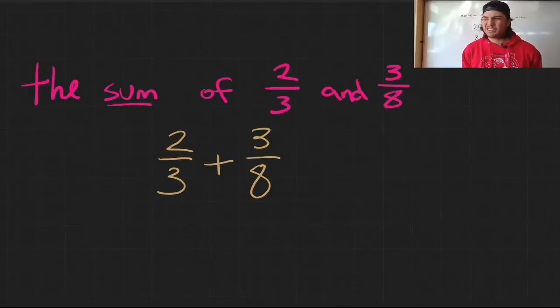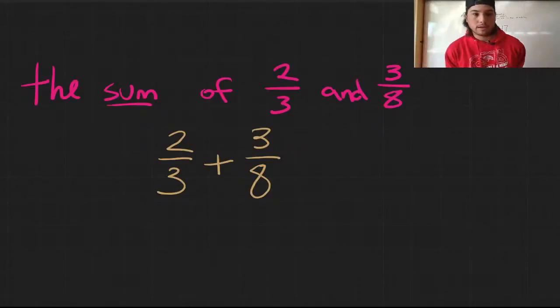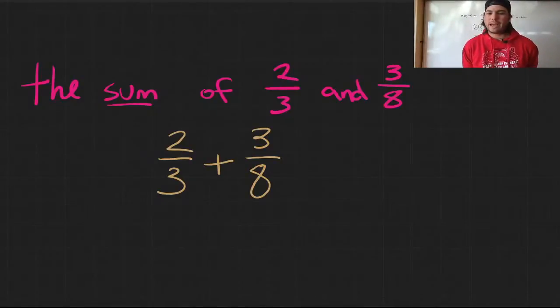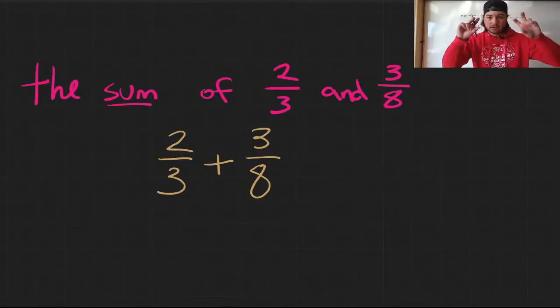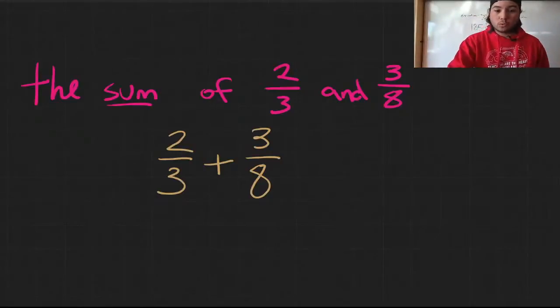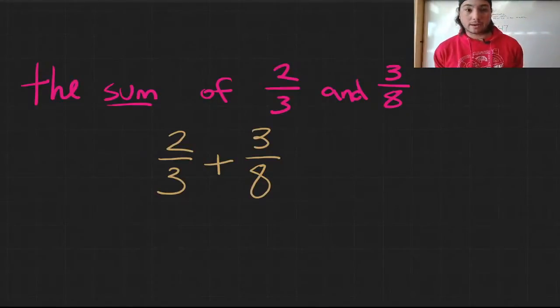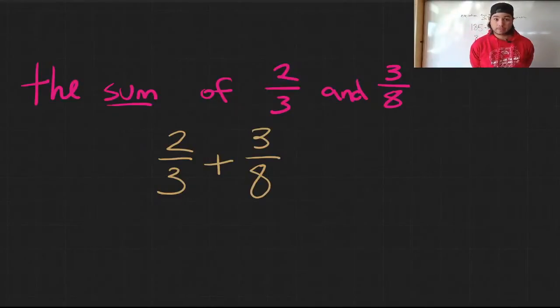It may seem like, oh, this is easy peasy, but once we get into variables, and now it's not the sum of 2/3 and 3/8, but the sum of 2/3 and y, 2/3 and p, and we get into multiple operations, it's really important to have this idea down, that the first thing you do before you worry about simplifying and solving is just to write it out in these mathematical terms. 2/3 plus 3/8 is the expression that matches the sum of 2/3 and 3/8. Let's try one more.